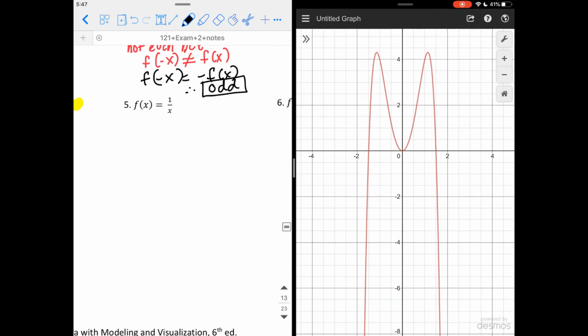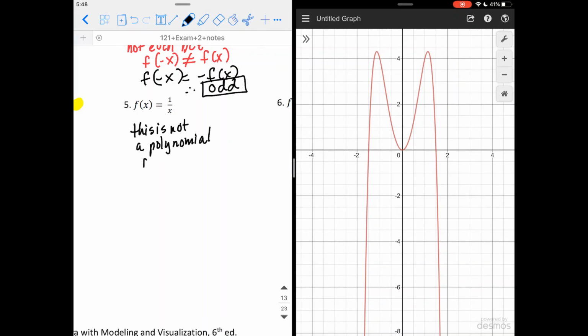The next one says f of x is equal to 1 over x. So just note, this is not a polynomial. Polynomials can't be written in fraction form. So it's not a polynomial, but we can still analyze if it's even or odd.